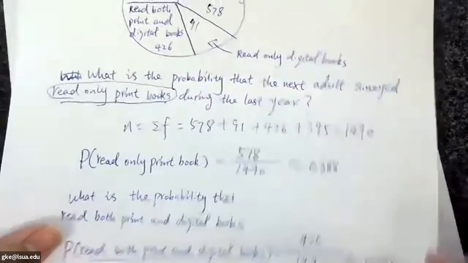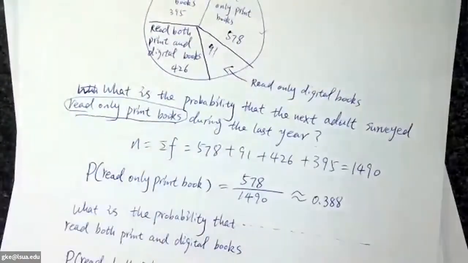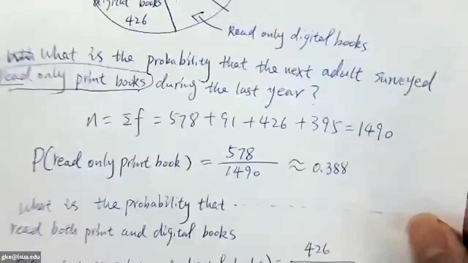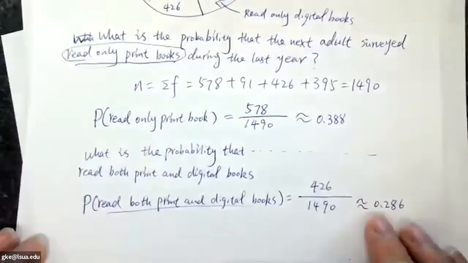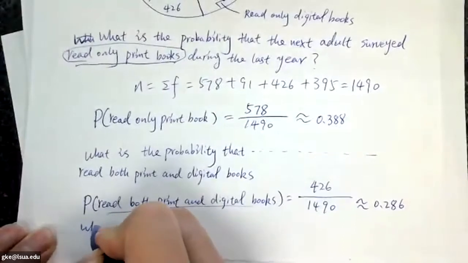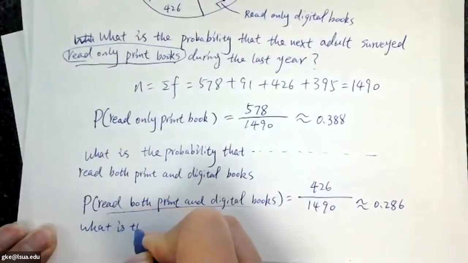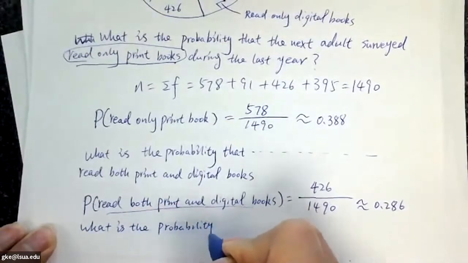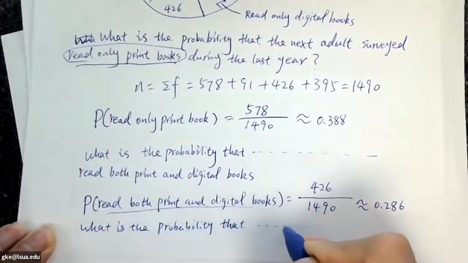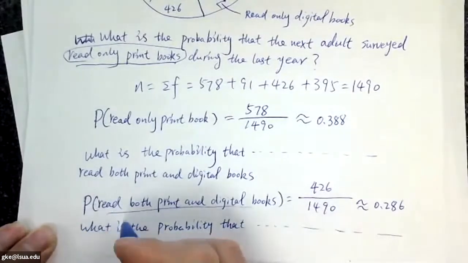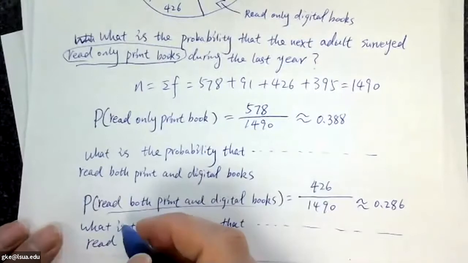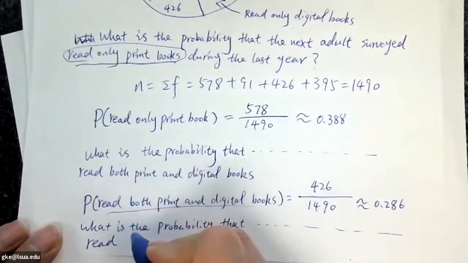Let's continue. I'm going to give you another question. What is the probability that the next adult surveyed read digital books?